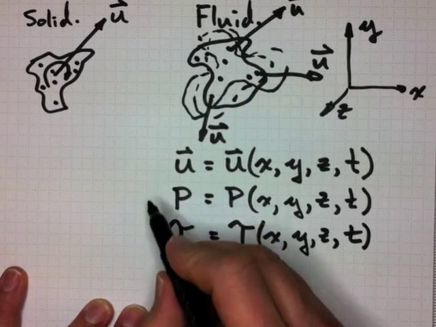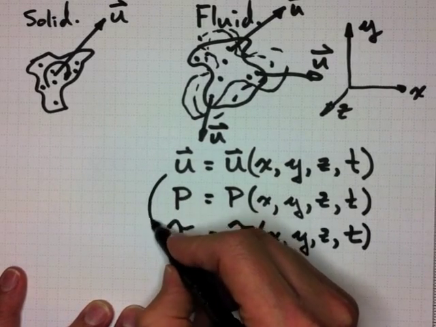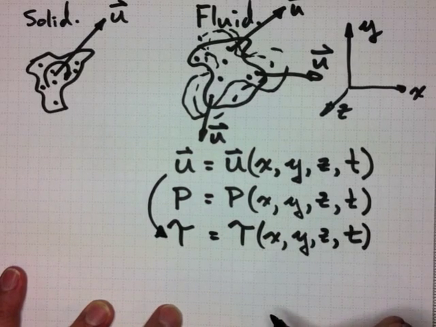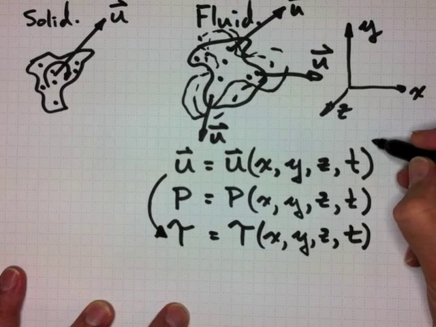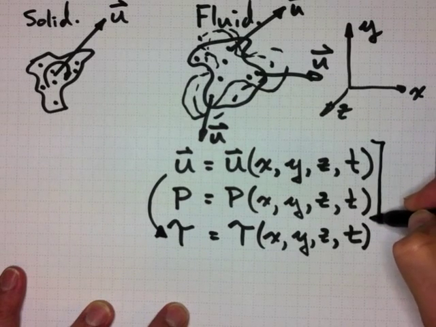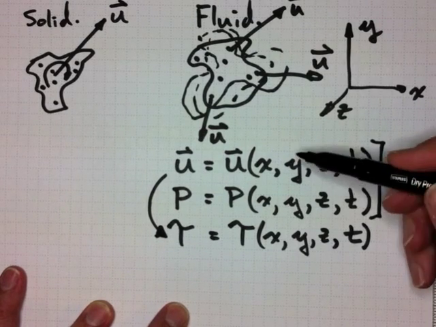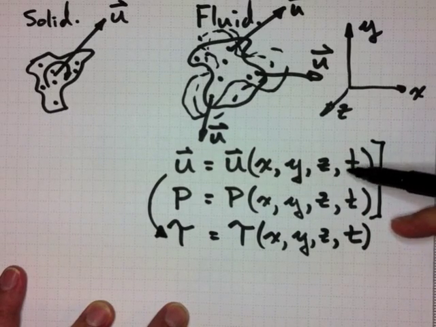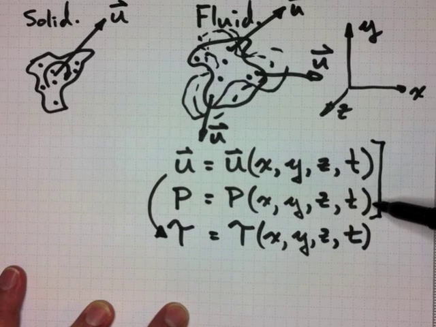Now those viscous forces depend directly on the velocity, and we'll get into that in more detail later. But the key thing to remember is to start off with simple fluid mechanics, we need to resolve what's going on with the velocity in the 3 dimensions of space and time and the pressure in 3 dimensions of space and time.